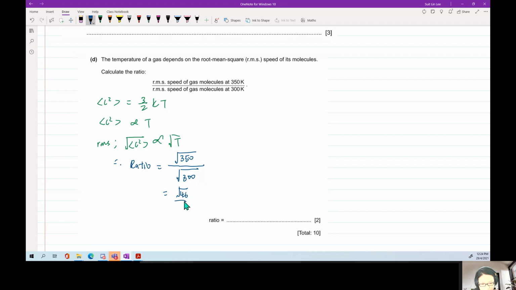Don't leave your answer like that. We will cry. So don't leave your answer like this. As already mentioned, no ratio, so this one cannot. So this will be 1.08, 2 to 3 SF, especially when it comes to ratio.